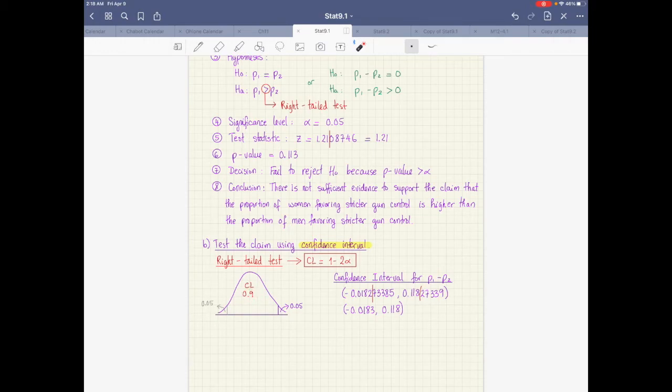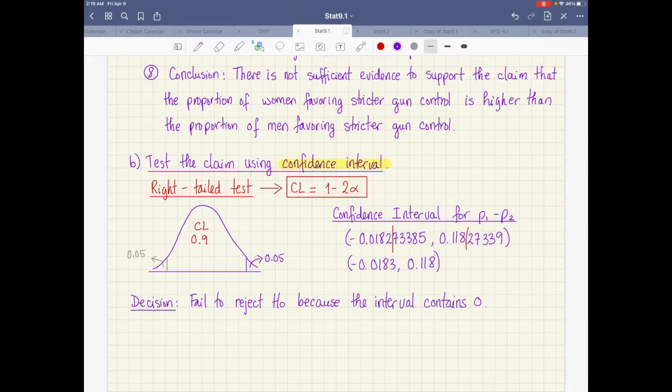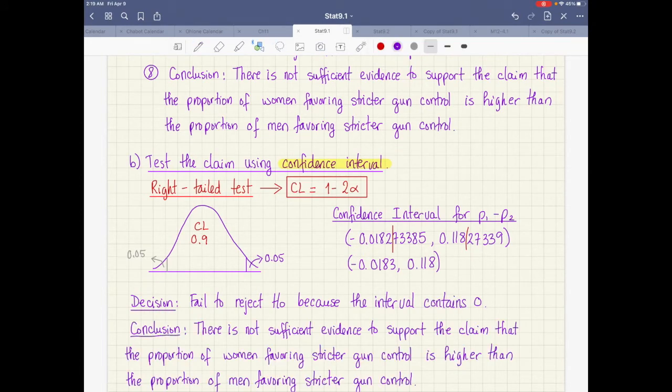Which means that I am about 90% confident that my HO is true. That means I do not reject HO. And the conclusion for this should be similar to the previous part.